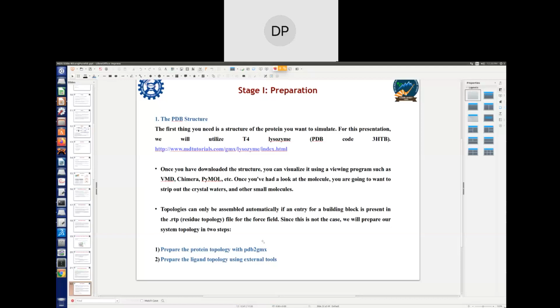Then you need to generate it yourself. The protein topology you can generate with the software itself, but for the ligand you need to take external sources like ProDRG and other servers. So first, prepare the protein topology with the command pdb2gmx. Second, if you have the protein-ligand complex, generate the ligand topology using an external tool; ProDRG is very famous and frequently used.